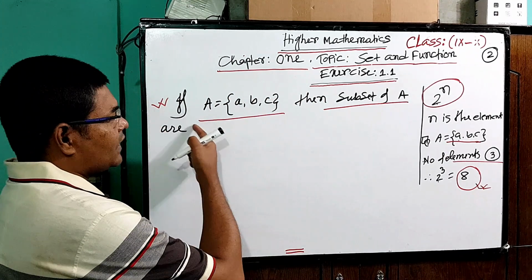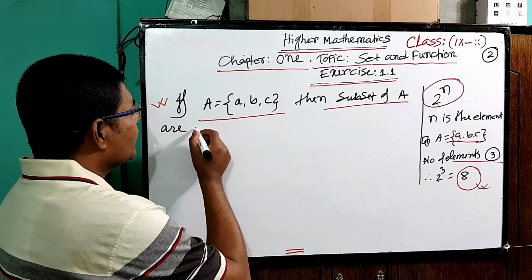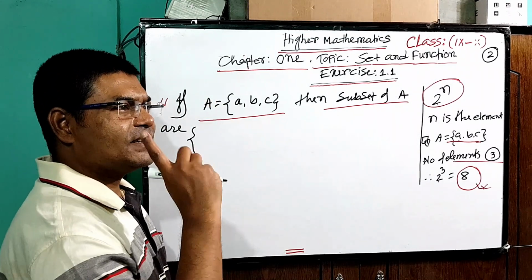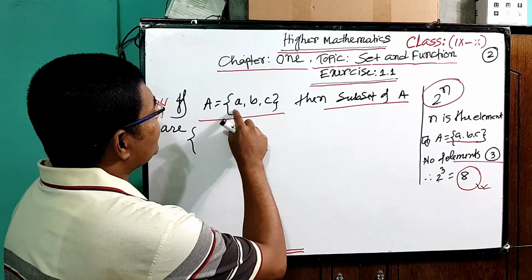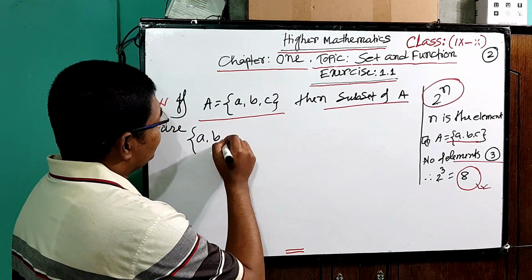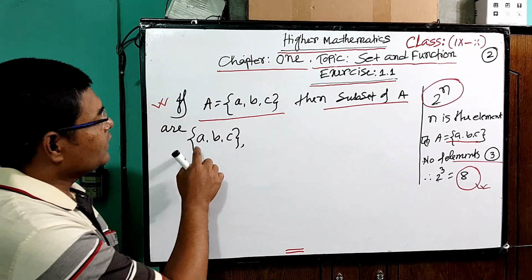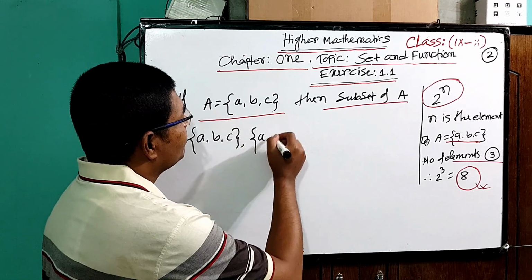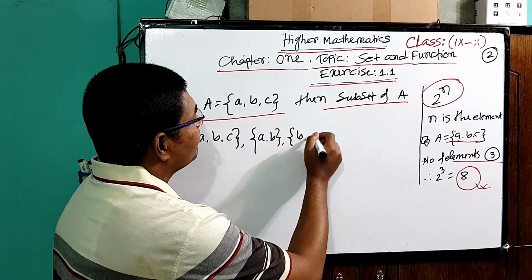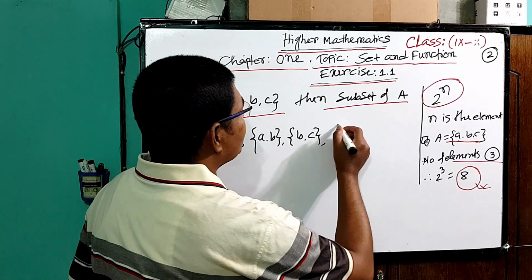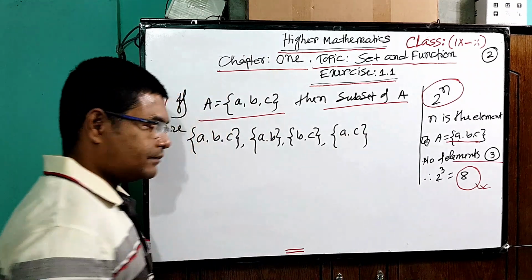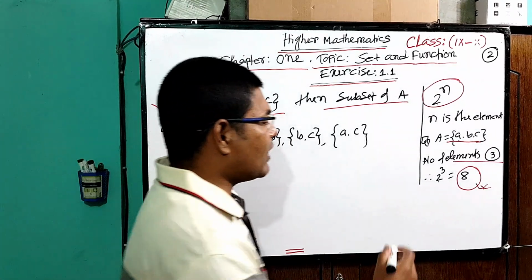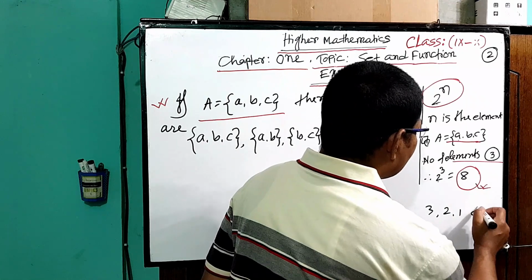So follow. Subsets of A are, at first, 3 elements: A, B, C. Then 2 elements: A, B, then B, C, then A, C. So what I say? 3, 2, 1, then the empty set.